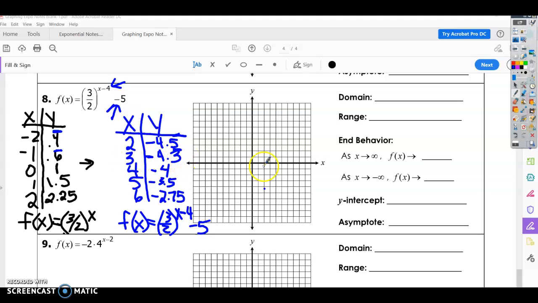And then 3, -4.3. And 4, -4, 1, 2, 3, 4. And then 5. And 6.